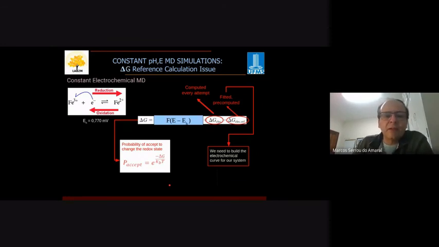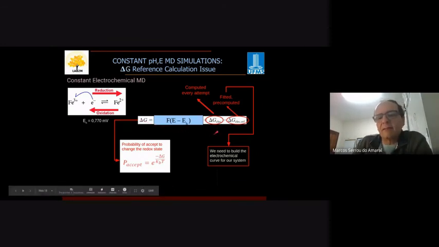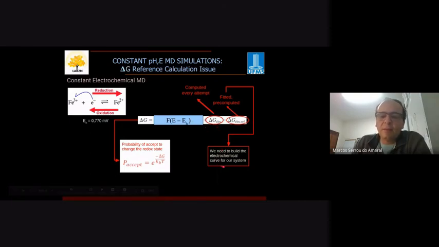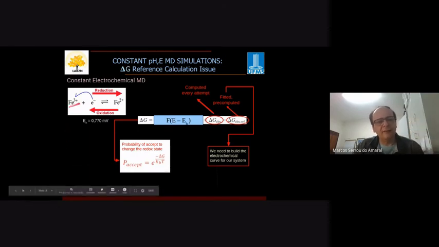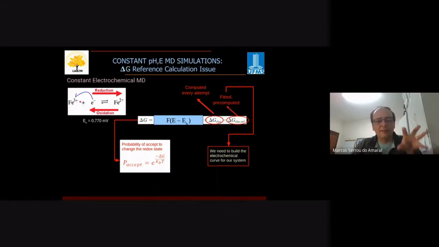The equations are basically the same, and you have the same way to calculate the probability of acceptance. Suppose in this case you have iron 3+.